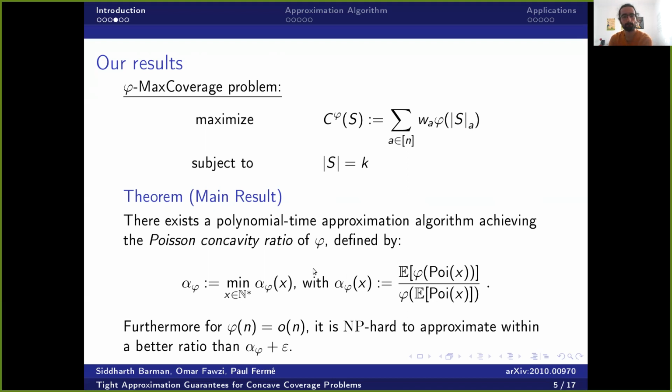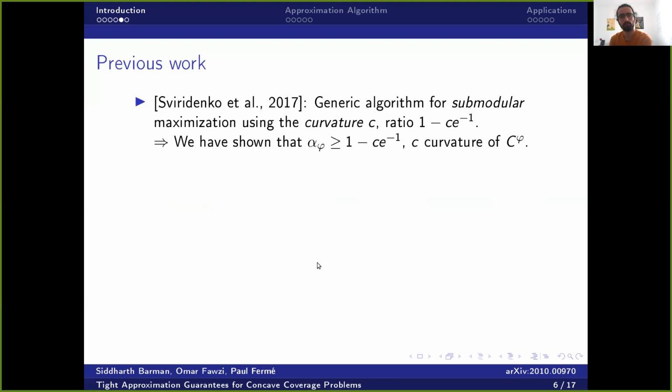Okay. So what was done before? As I've said, the C of phi is submodular, and for the submodular maximization problem we look at, there is a generic algorithm by Sviridenko et al., which gives a ratio depending on the curvature C, and gives (1 minus C)/(e minus 1).